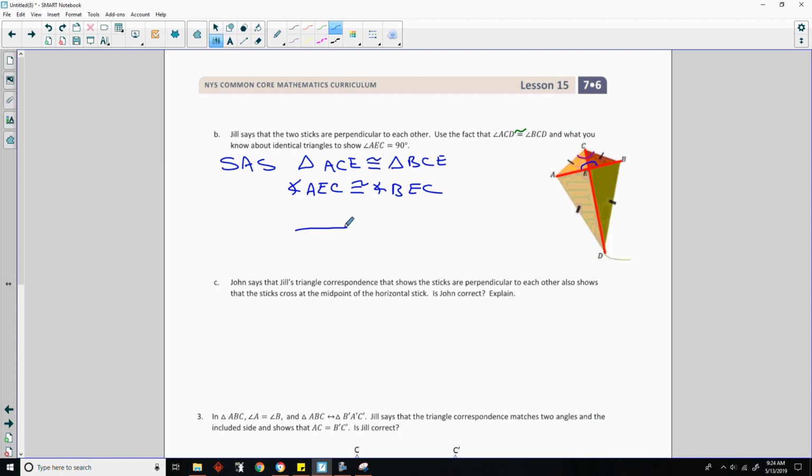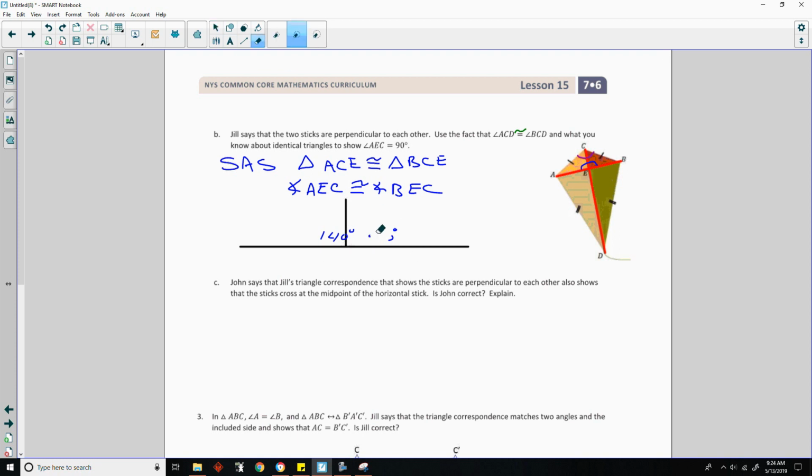So if I have a straight line, and I draw an angle on it, like so, and I say they're congruent, well, this can't be 40 degrees and this 140 degrees. They're not congruent.